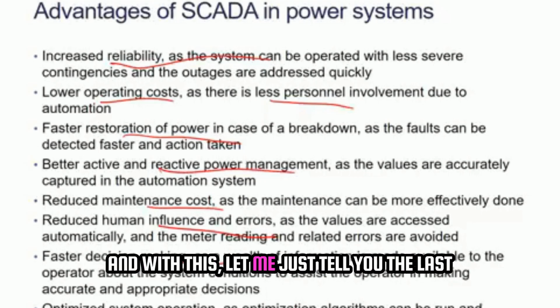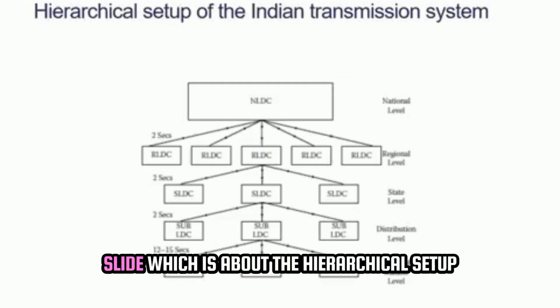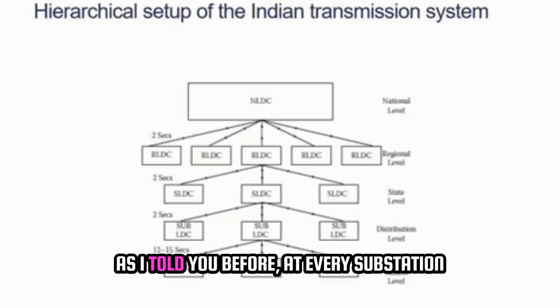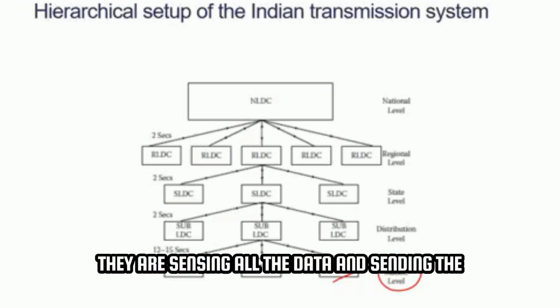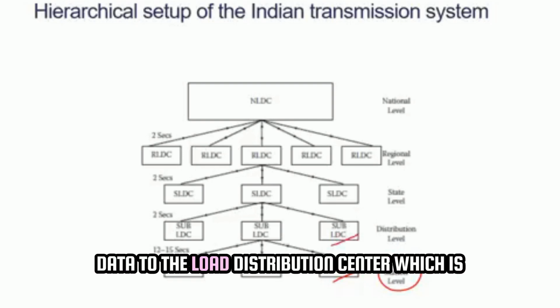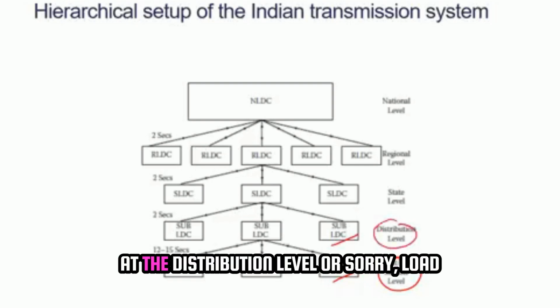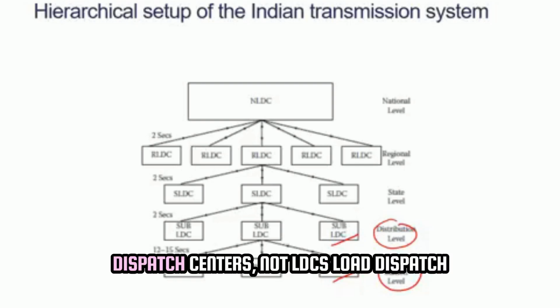And with this, let me quickly tell you the last slide, which is about the hierarchical setup of the Indian transmission system. As I told you before, at every substation there are RTUs, that is remote terminal units. They are sensing all the data and sending it to the local load dispatch centers, LDCs.